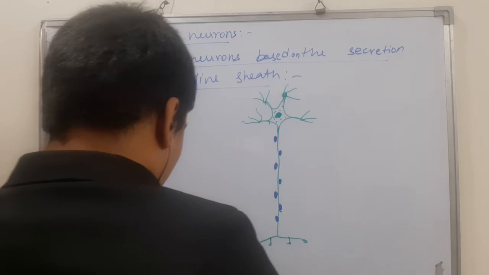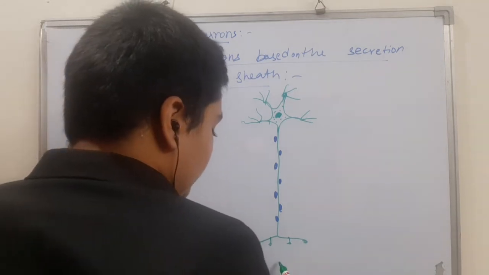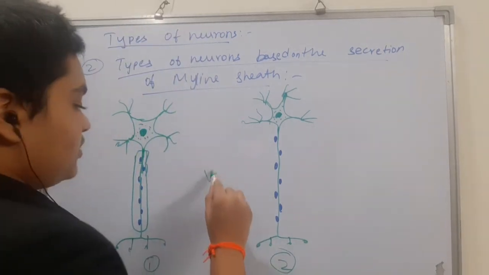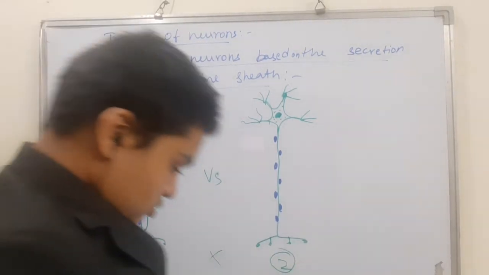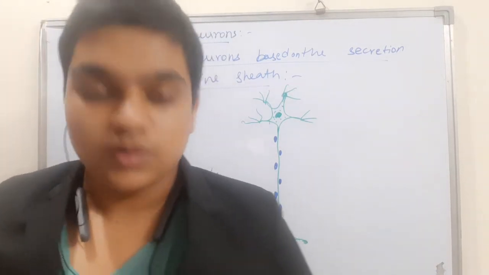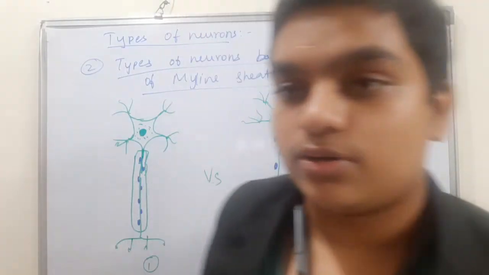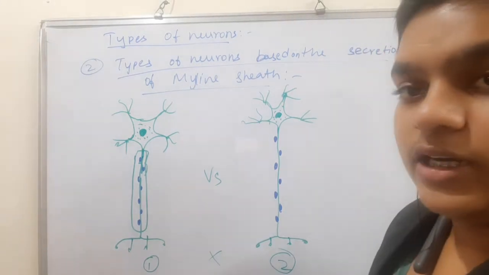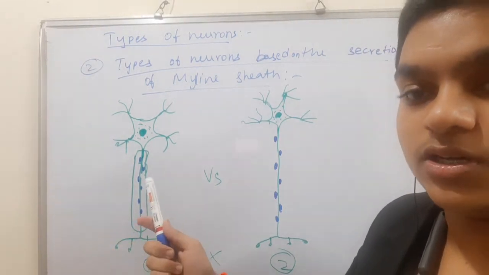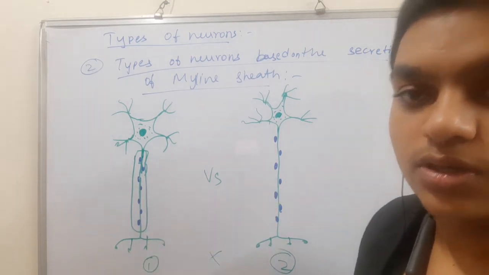This is your second. Now tell me, what is the difference between these two? Let me move out of the board. Now, tell me the difference between this first one and this second one.